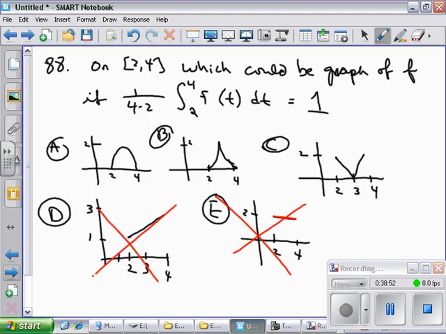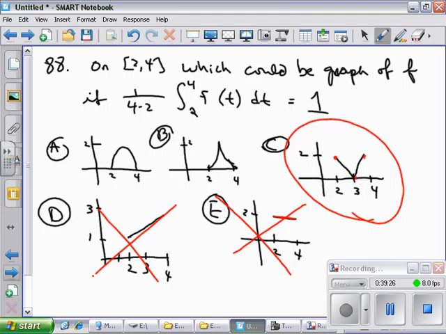Now look at the y values here in C. You know, when you have lines, the average y value is right in the middle. So do you see that? What would the average y value for this between 2 and 3 be? 1. It'd be 1, right? And then for the second part of it, also 1. So the average y value for this would be 1. This is good. But it's really important that I show you why A and B don't work.